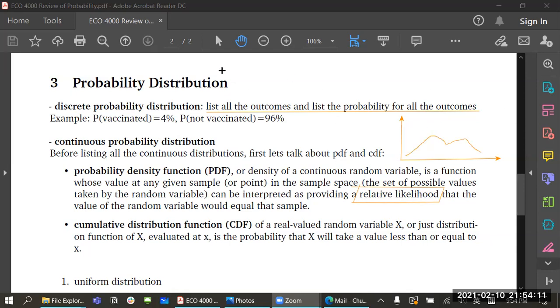You have a probability distribution, and you know that this is 4 hours. Then the area below 4 hours, the size of this red area, is the chance that you ran a marathon under 4 hours.